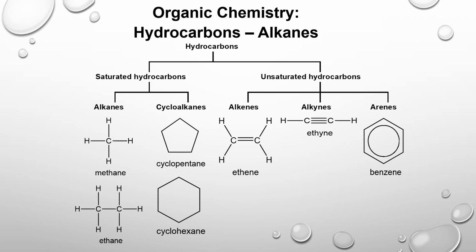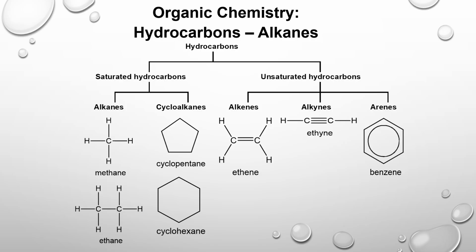Moving on, we are going to talk about hydrocarbons in general before we zoom into alkanes. To show you this chart, you will see that hydrocarbons are divided into two. One is the family of the saturated hydrocarbons, namely the alkanes, and then there are the unsaturated hydrocarbons.